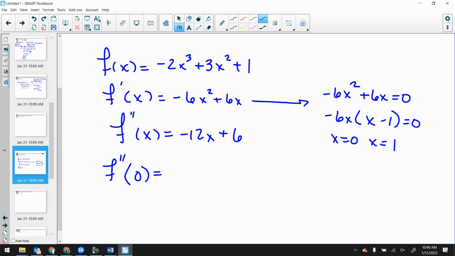I find f double prime of 0, I get 6. Do I care about the fact that it's 6? No, I care about the fact that it's positive, which means that it's concave up, which means that it's a local minimum point at 0.